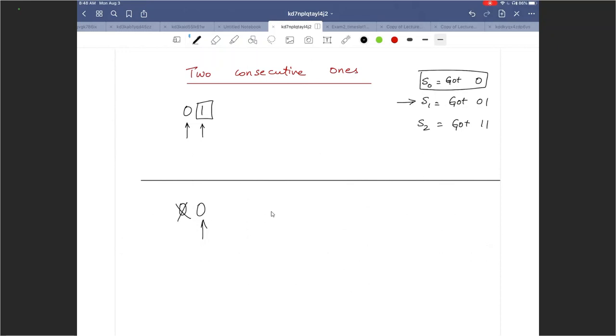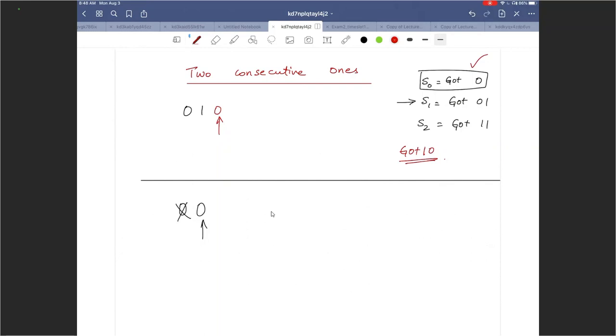After 0 1, if I got 0, do I need another state which is got 0 1 0? No, I can just use got 0 instead, because I'm not moving in the direction in which I want to make the output 1. I'm moving away from that.